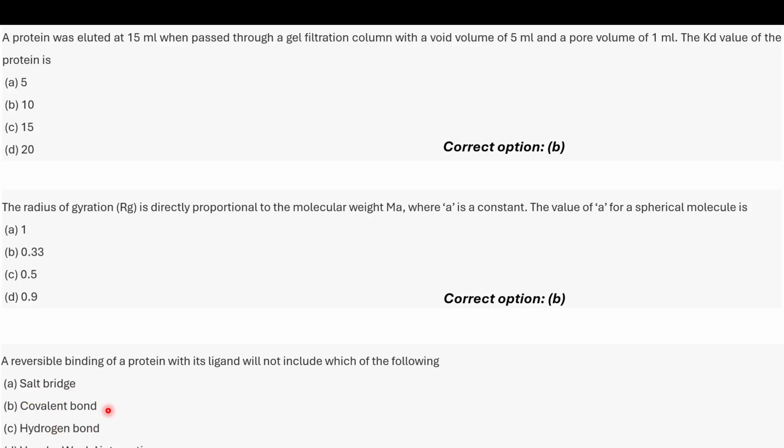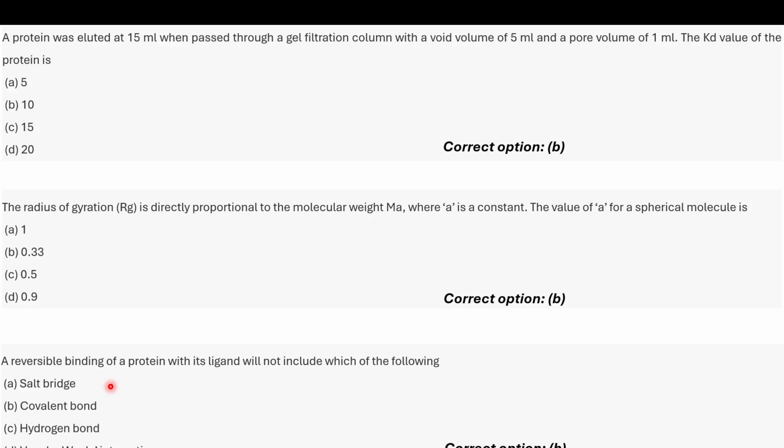For the thiol one that we saw, right? The thiol activated gel and the protein having that SH eluting out as protein bound to SH, like sulfur and hydrogen, then that has formed a covalent bond. Okay. And that is not reversible. So the reversible binding of a protein with its ligand will not include covalent bond. Okay. Option B. The others like van der Waals interaction, hydrogen bonding are reversible. Salt bridge can also be reversible because it's basically between positive and negatively charged residues. Okay.